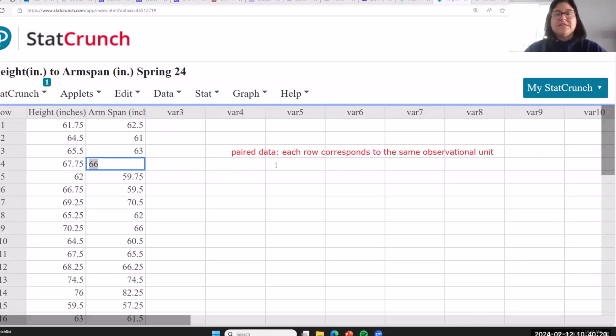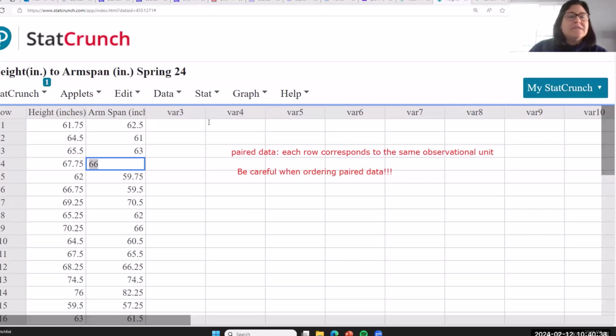We always want that person to be matched with themselves. So be careful when ordering paired data. That's something you really want to be sure that you order the two columns together.